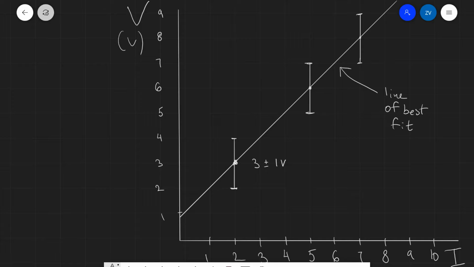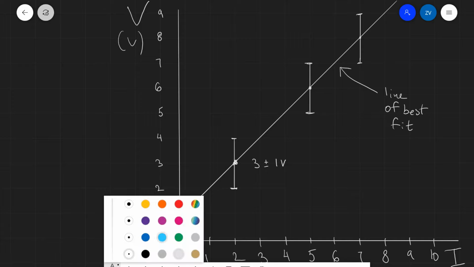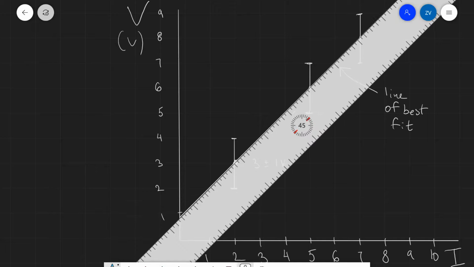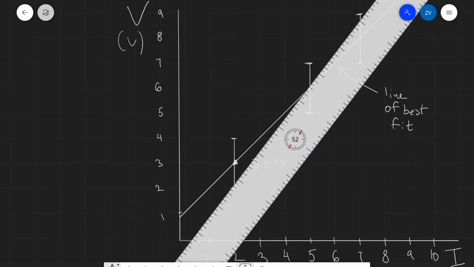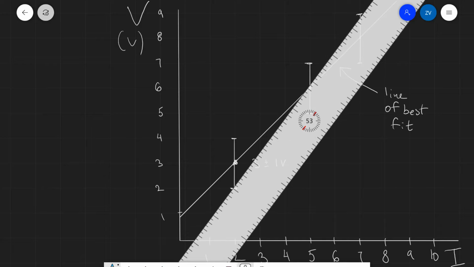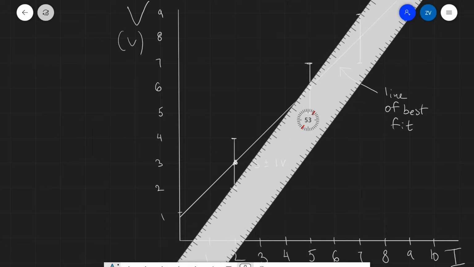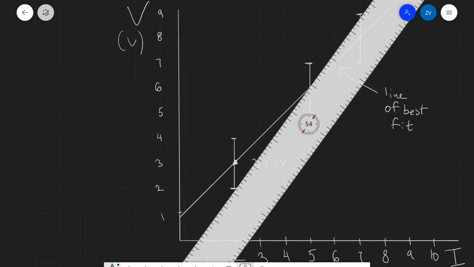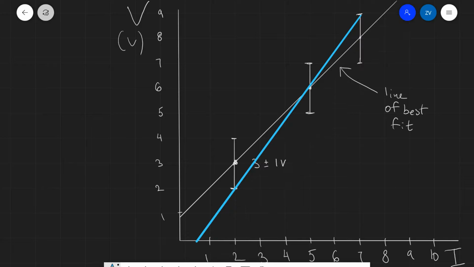Now, to draw the line of worst acceptable fit, the rule that we're going to use is that we're going to start at the bottom of the bottom error bar, and we're going to go to the top of the top error bar. So in this case, our line of worst acceptable fit, which I'm going to draw in blue, will look something like this.